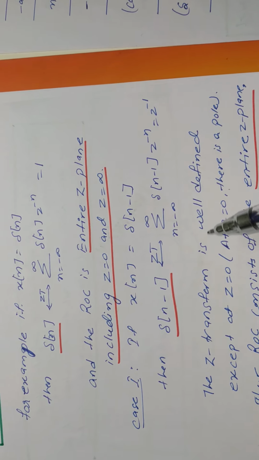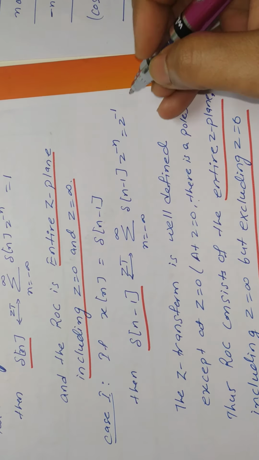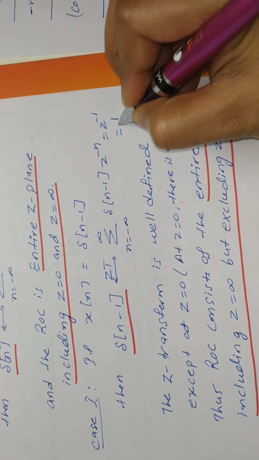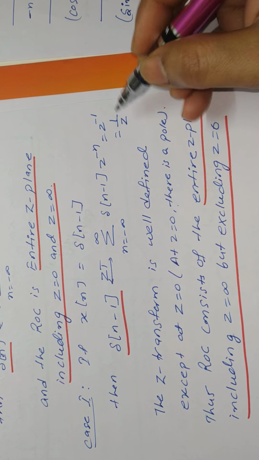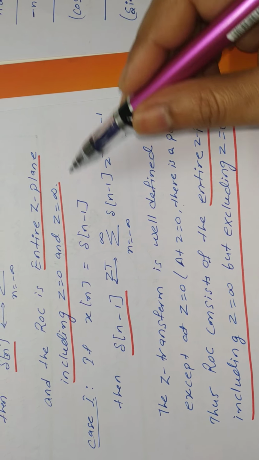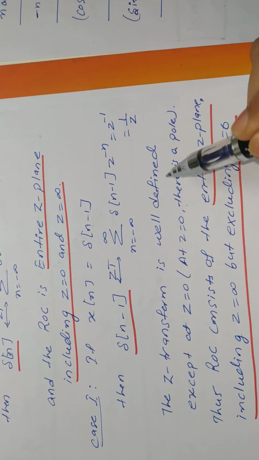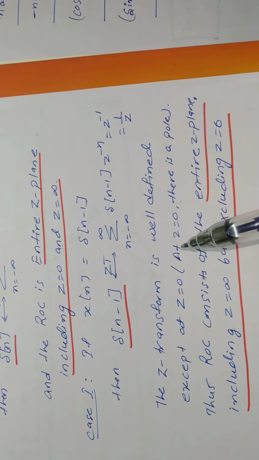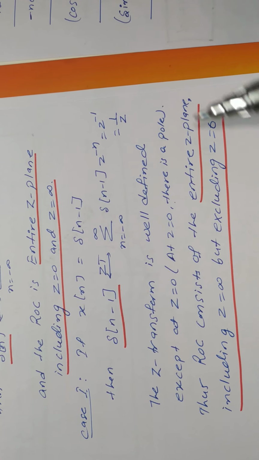Now the z transform is well defined except at z equals 0. Z to the power minus 1 means 1 by z. If z is 0, the entire X(z) will be an infinite value. So the z transform is well defined except at z equals 0. At z equals 0, there will be a pole.